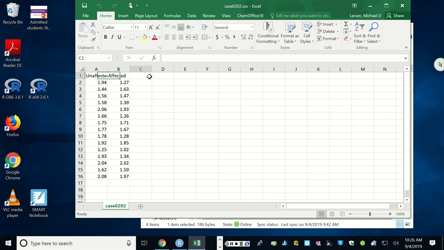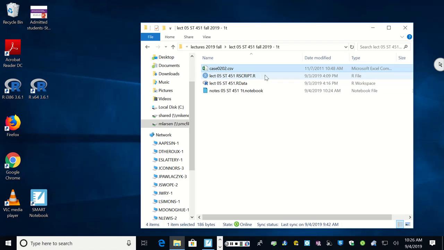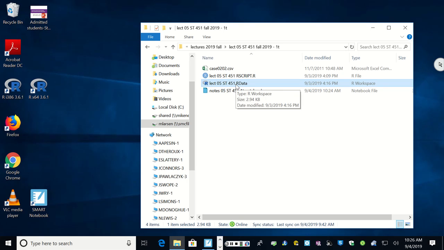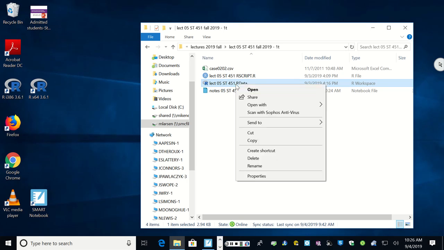You could, in Excel, take the differences here and do a little pre-processing if you want and read it in, but it can also be done in R. I had downloaded this R script and this R data, right? So one strategy to get things going, once you have those things downloaded, is to right-click on it and open with RStudio, and it will pop into RStudio and have that loaded.